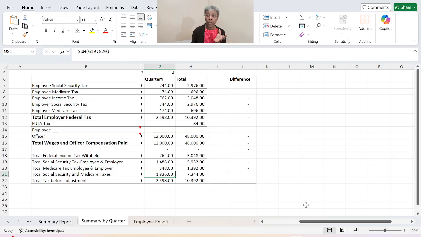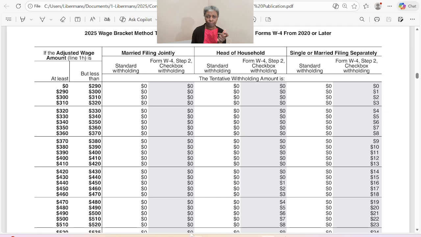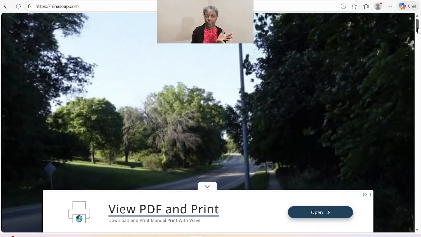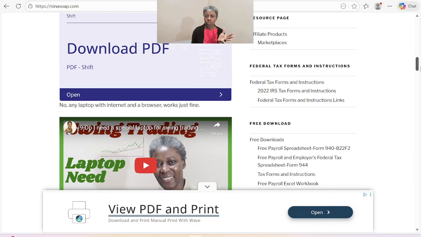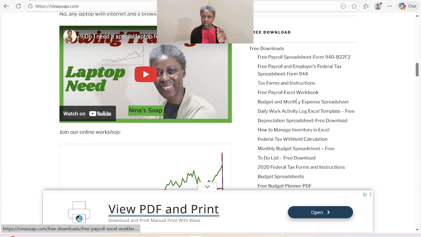If you are looking for an example of payroll tax spreadsheets to use, customize, or to look at and redesign yours, please check our website, ninasoap.com, our blog, and scroll to the free download section on the homepage, and you'll be able to find some payroll spreadsheets there, and see which one you are interested in using.